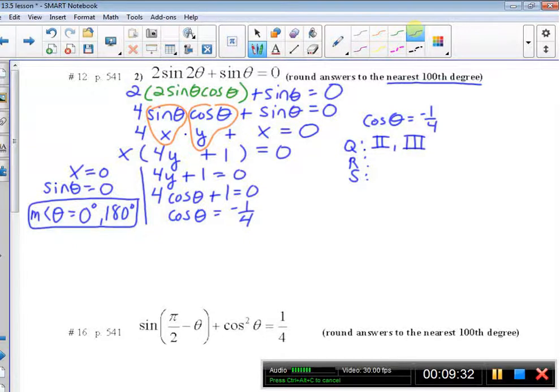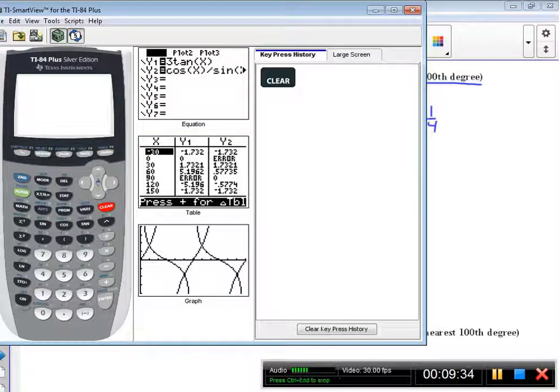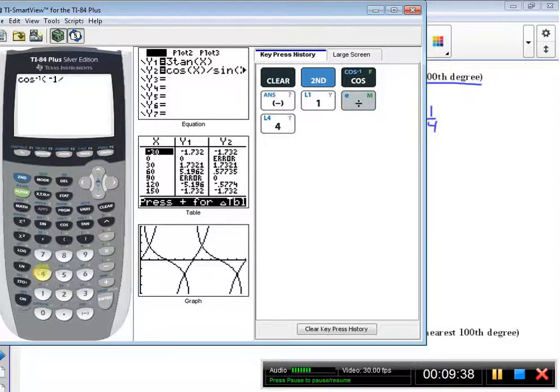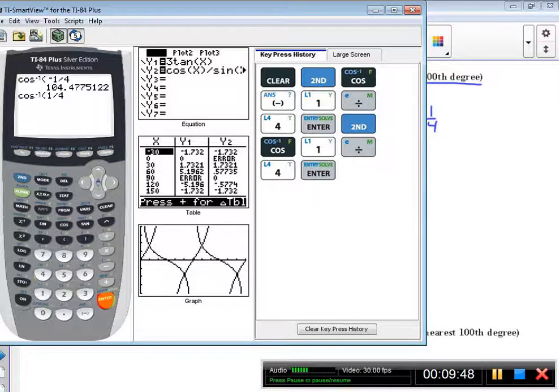Now to find that reference angle, I'm going to show you, if you do secant cosine of -1 divided by 4, you do not get a reference angle. Reference angles are acute. So I'm going to do second cosine of +1 divided by 4, and I now get that reference angle.